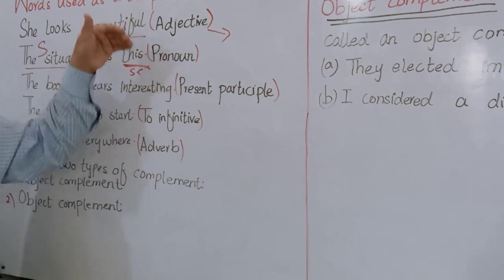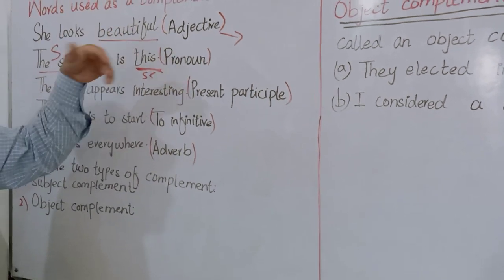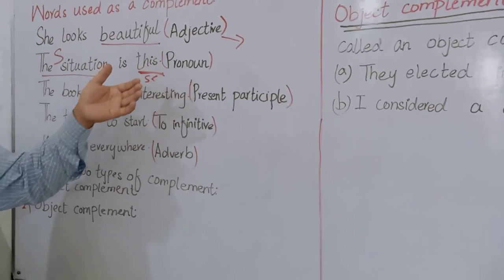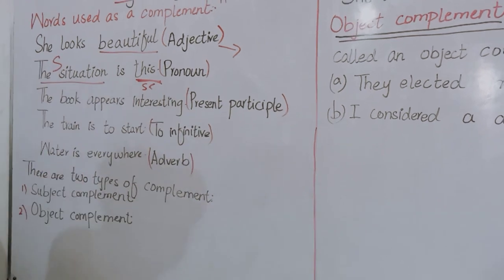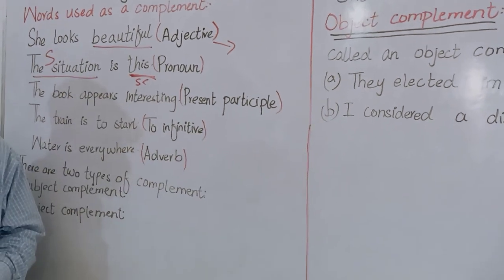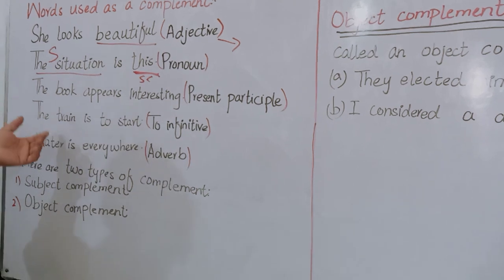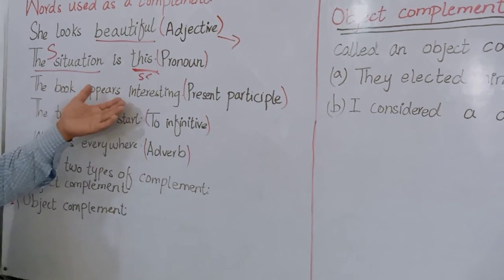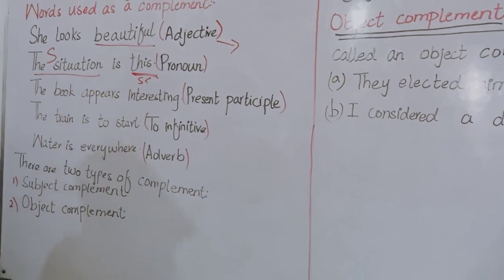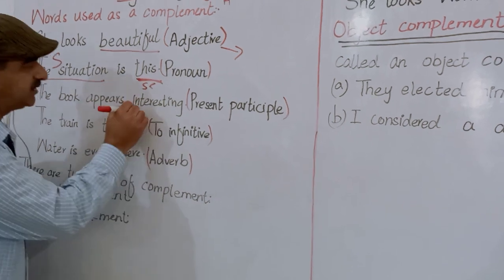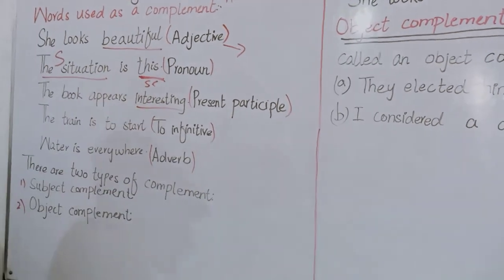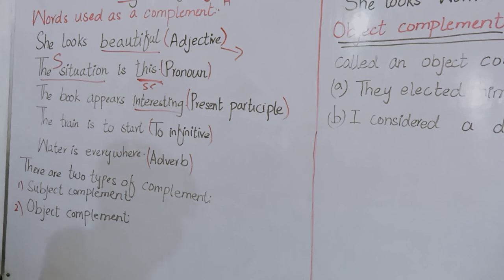He wants to tell that a subject complement may be an adverb, an adjective, a pronoun, or any other thing like this. The book appears interesting. What is interesting? Present participle.